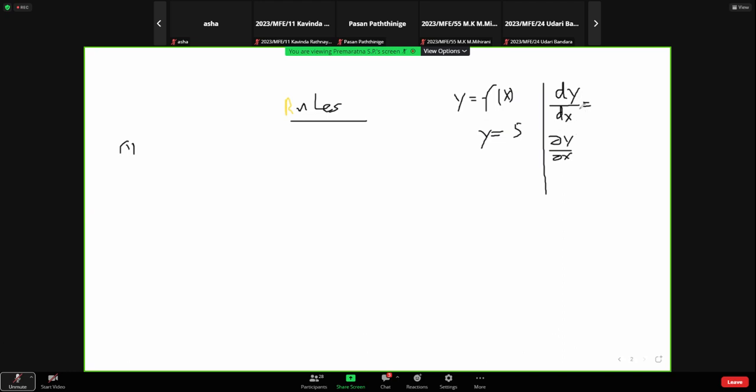You can do second differentiation, third differentiation, depending on the equation, and cross differentiation also. And the basic idea, if you deal with the equation for a curve, is that the first derivative is the slope of the equation.